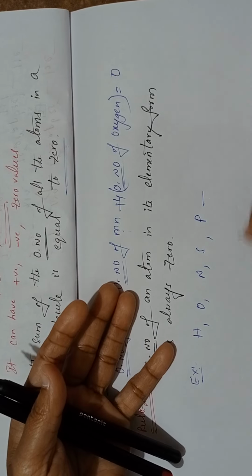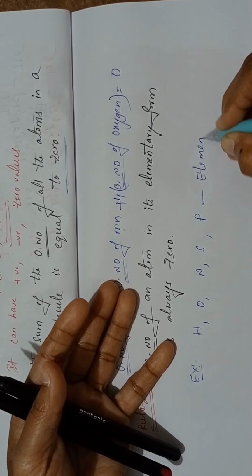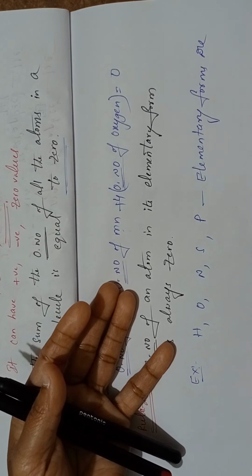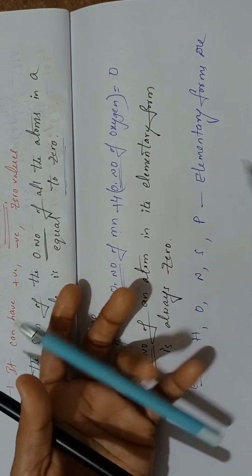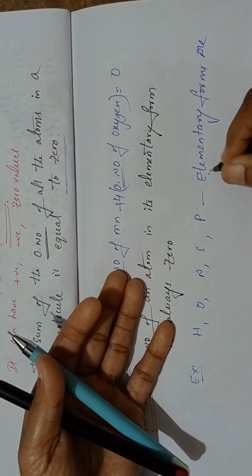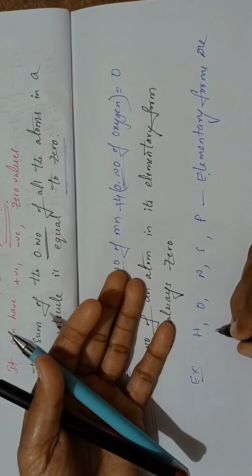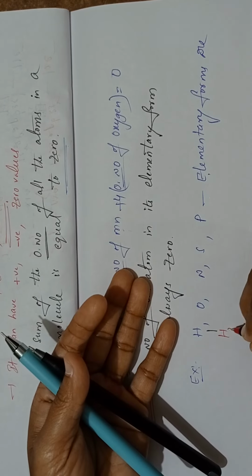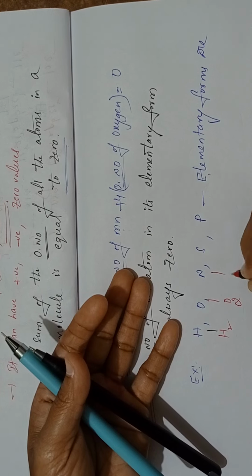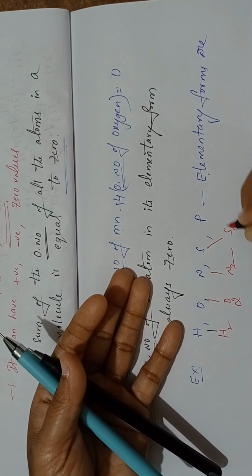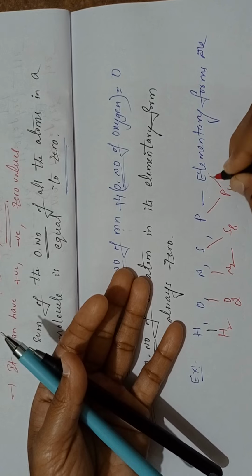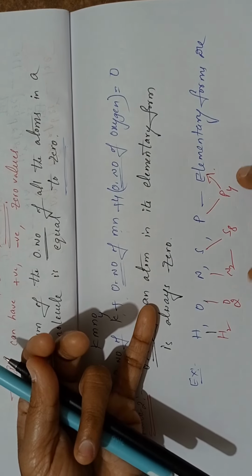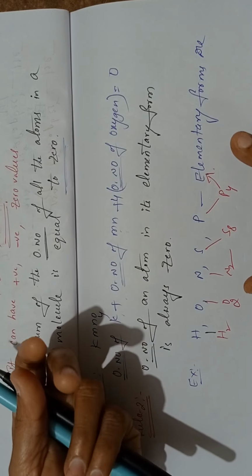The elementary forms are H2, O2, oxygen O2, nitrogen N2, sulfur S8, phosphorus P4. So these are all elementary forms, students. Are you clear? In these forms, their oxidation number is 0.